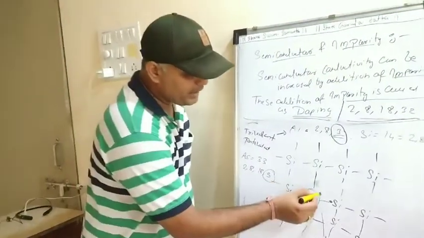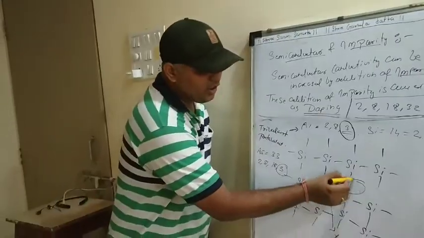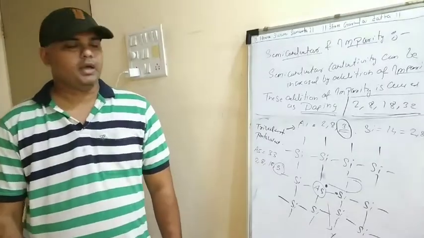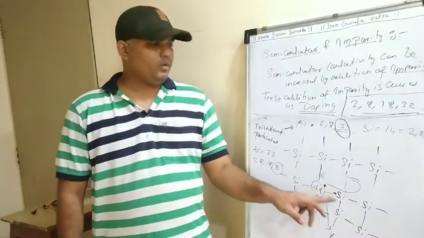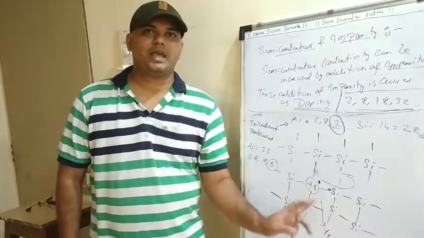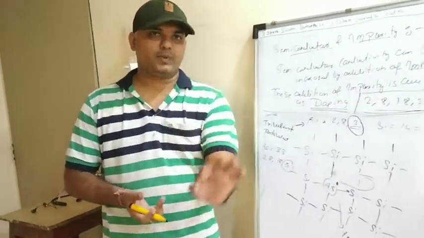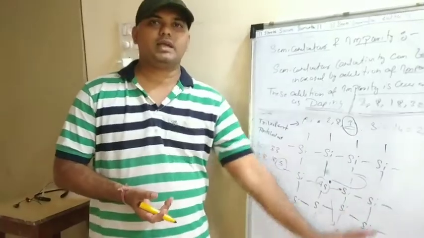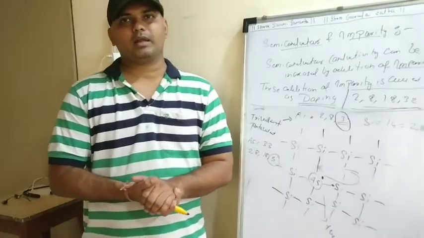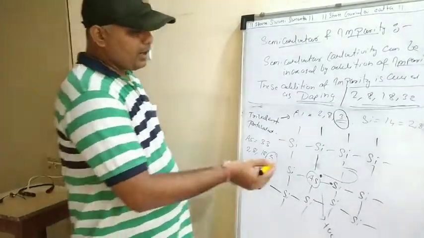This will be acting as the electron, and this electron will start moving in the system, and when this electron moves in the system, we say that it will pass the electric current, right? So due to the addition of this particular impurity, the conductivity of the semiconductor can get increased, right? Now what happens when it moves?